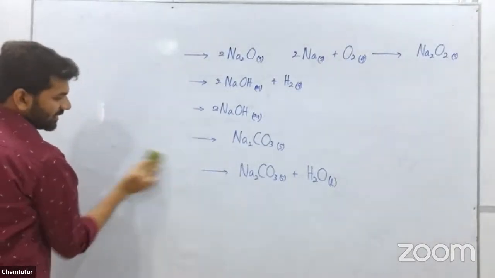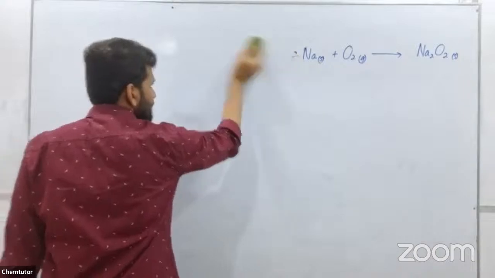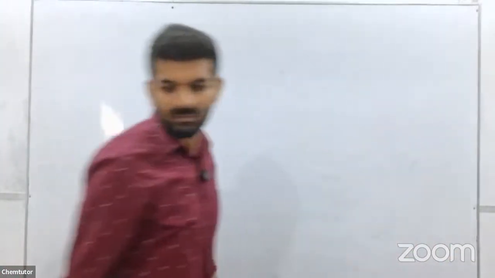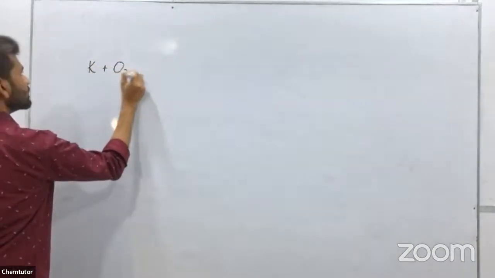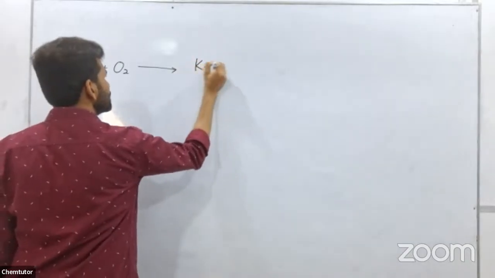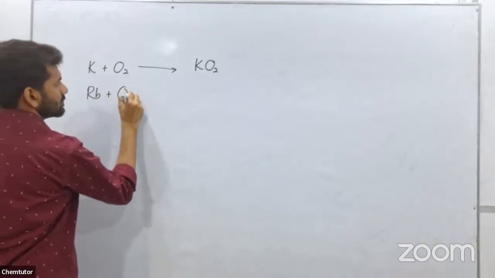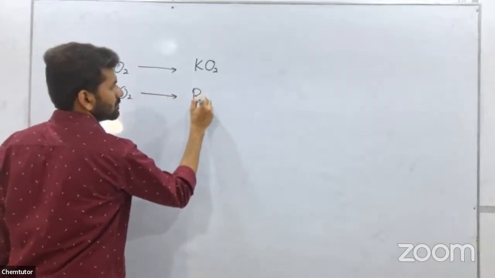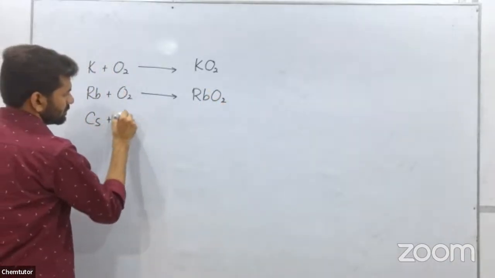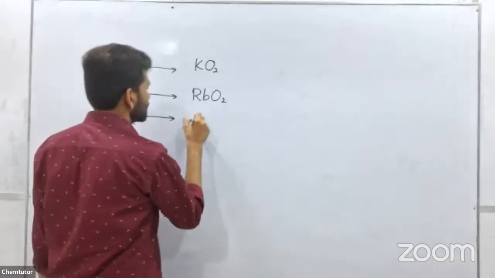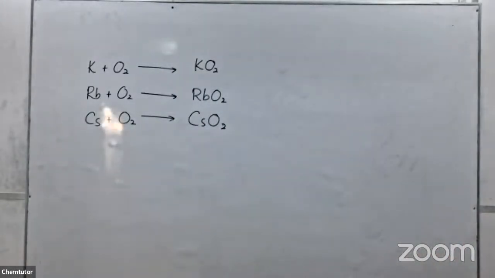That means the potassium, rubidium, and cesium will show all these reactions. In addition to that, they will form the relevant superoxide. Like this. These are the reactions.